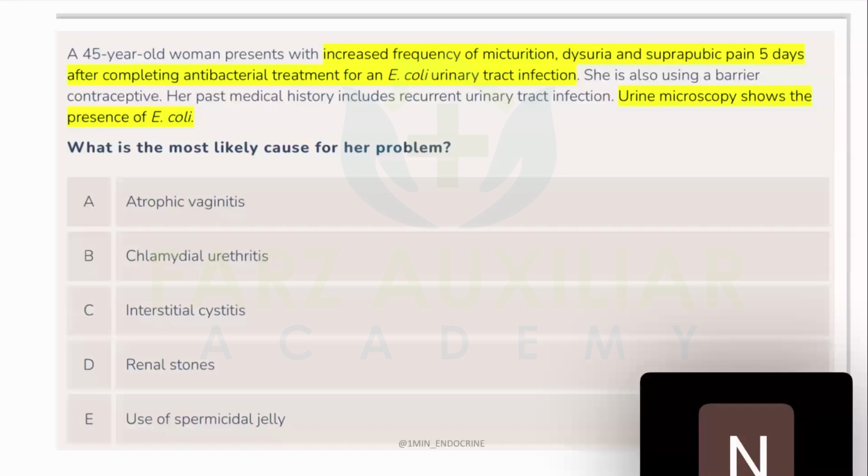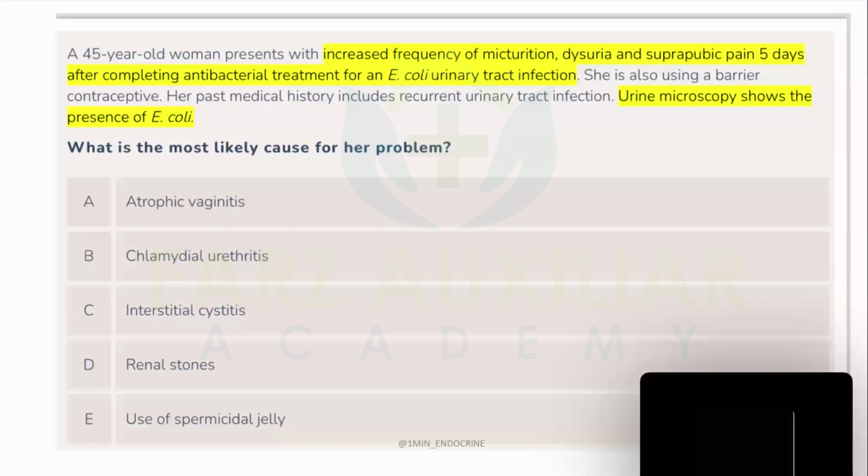Renal stones, doctor, is one of the causes of recurrent UTI because it causes post-stone obstruction that results in difficulty in passing urine, that results in storage of the urine in the bladder or in the ureter, that results in UTI. So interstitial cystitis, why do you think it is interstitial? Because it is, I think, the most common.